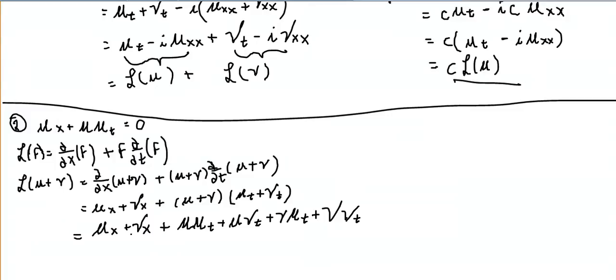Okay, so I want to look at what this is right here actually. What happens when I take, I'm trying to get this scenario, L(u) and L(v). So if I plug a u in here and a v in here, if I plug in a u into here, I get partial u times, so I get u_x plus u_t.